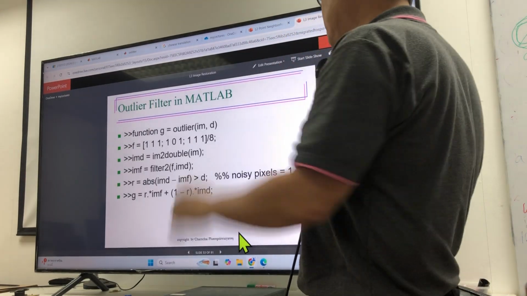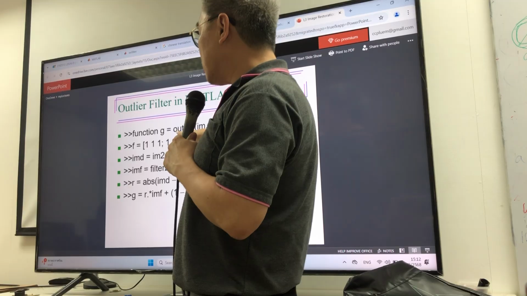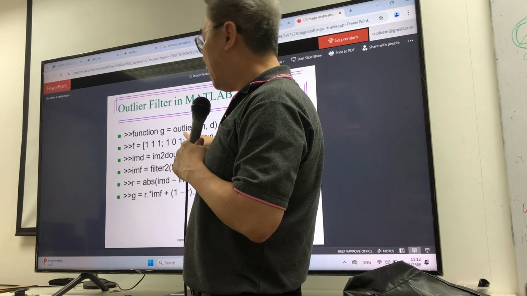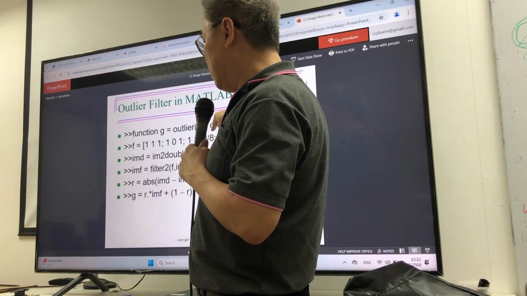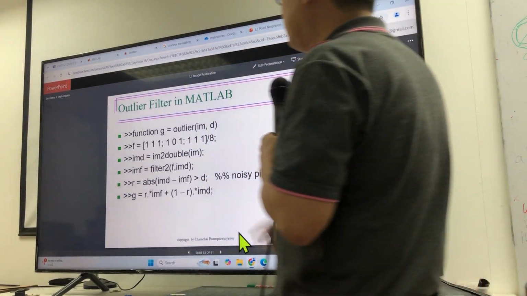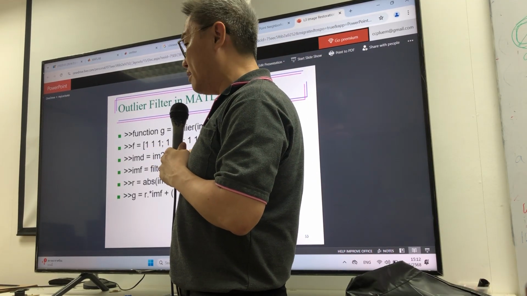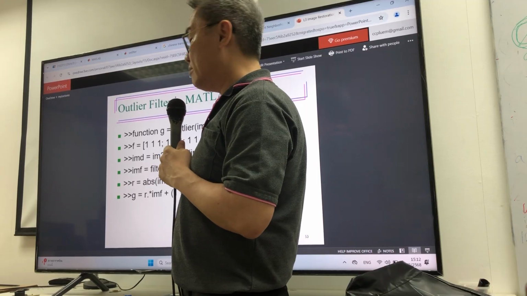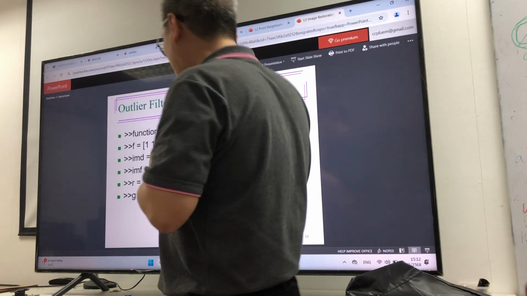Go ahead and write down a function called outlier. You give it the image and D, which is the threshold. The average is this average filter: 1 1 1, 1 0 1, 1 1 1, divided by 8. This is the average of the 8 neighbors.